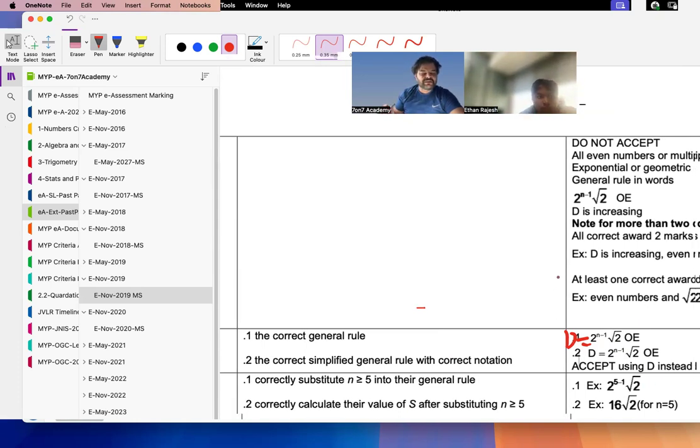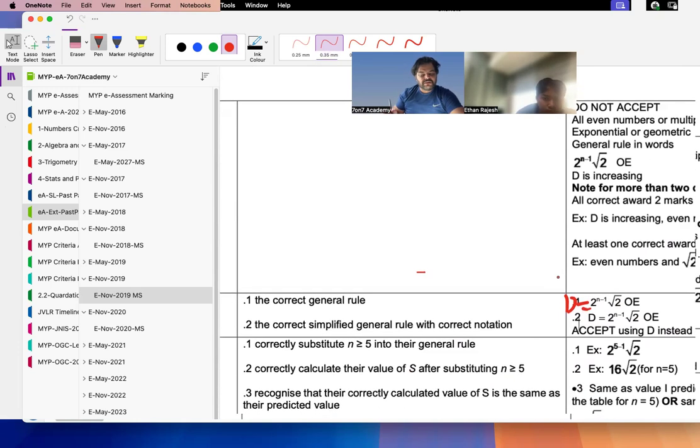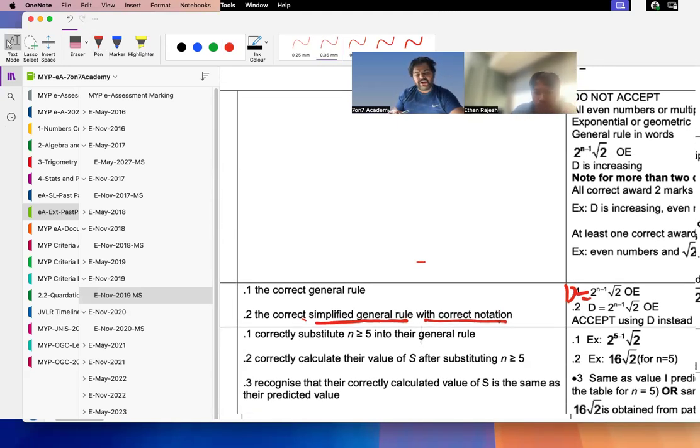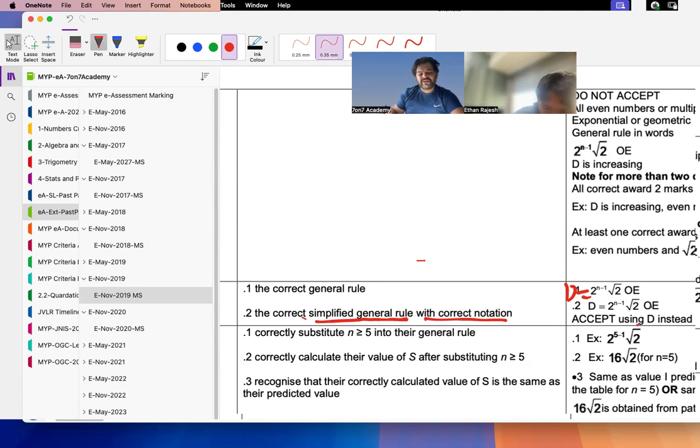The correct simplified general rule with the correct notations. So what is OE in the end? You can accept this also and this also. There are two D's in that symbol range.